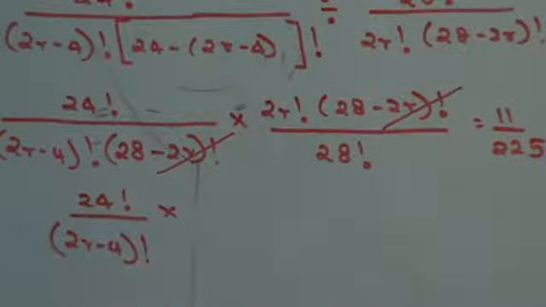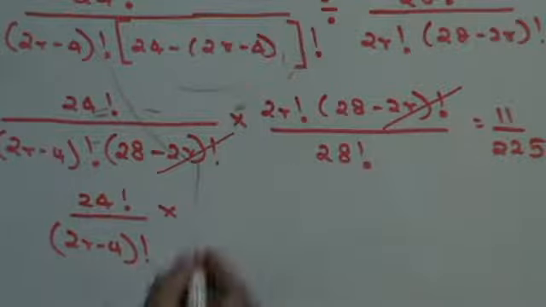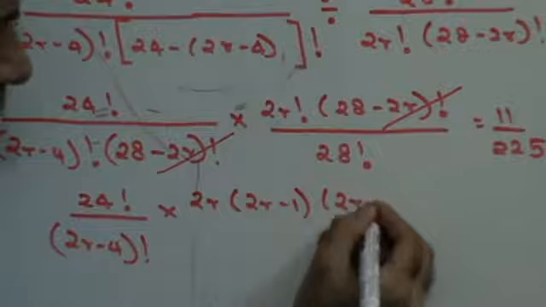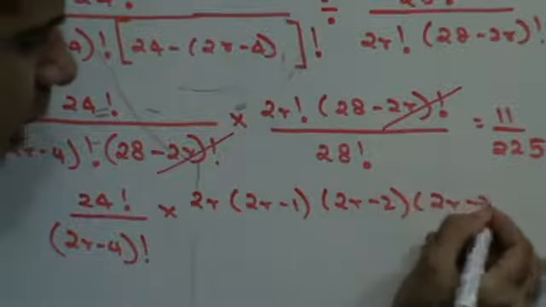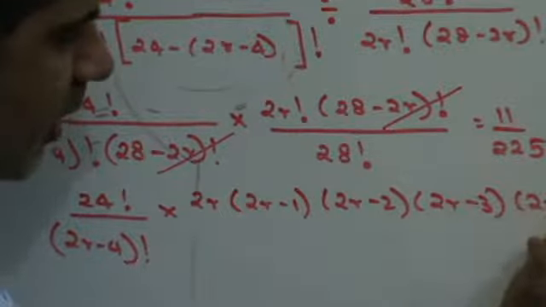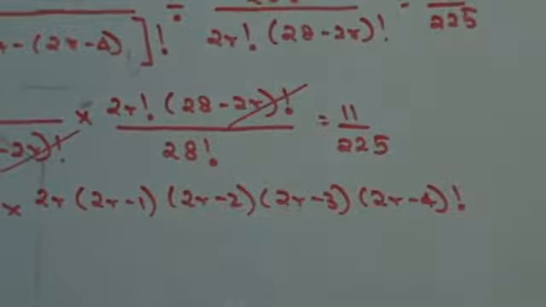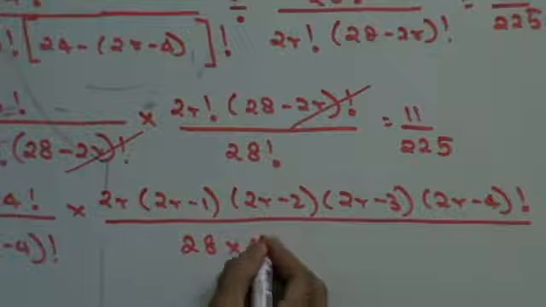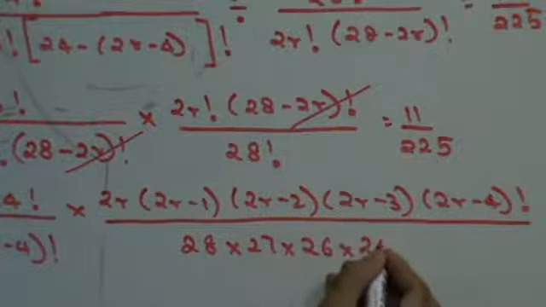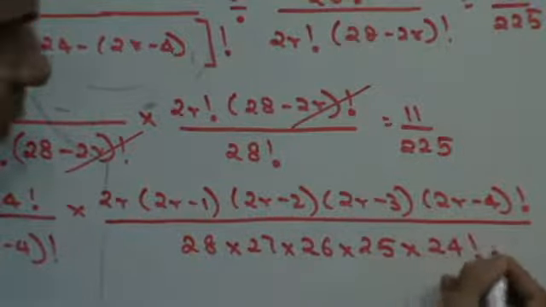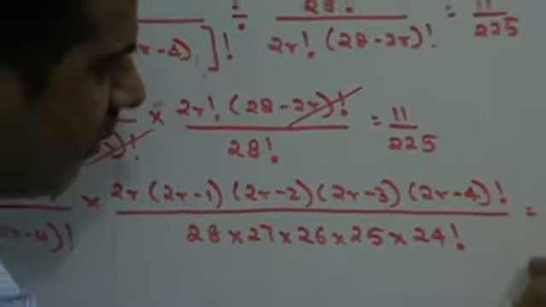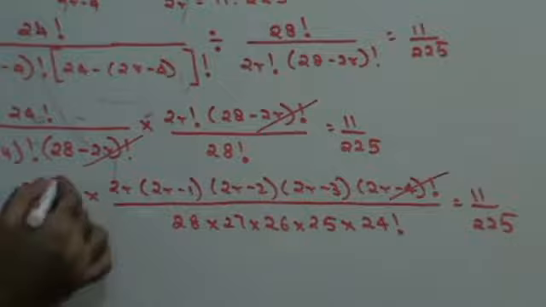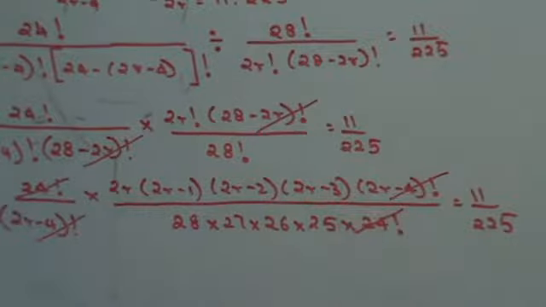How do I expand factorial? By reducing the consecutive terms by 1. So this is 2r, 2r minus 1, 2r minus 2, 2r minus 3, (2r minus 4) factorial upon 28, go on reducing, 27, 26, 25, 24 factorial is 11 upon 225. (2r minus 4) factorial gone. 24 factorial gone.